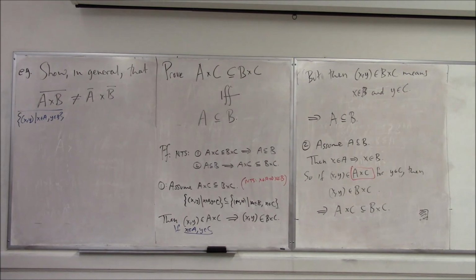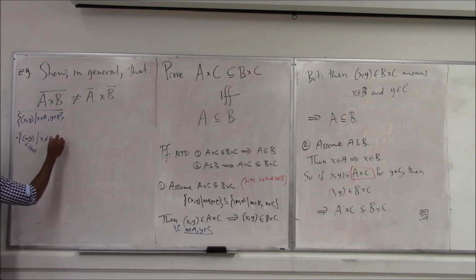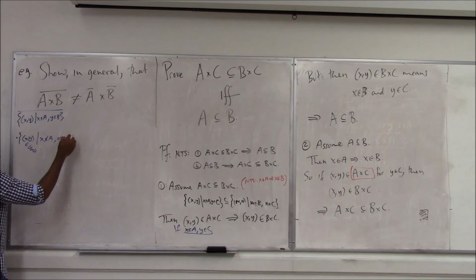So what does that mean? It's all pairs (x, y) in the universal set cross the universal set, such that x is not in A or y is not in B. Okay? What does that mean?